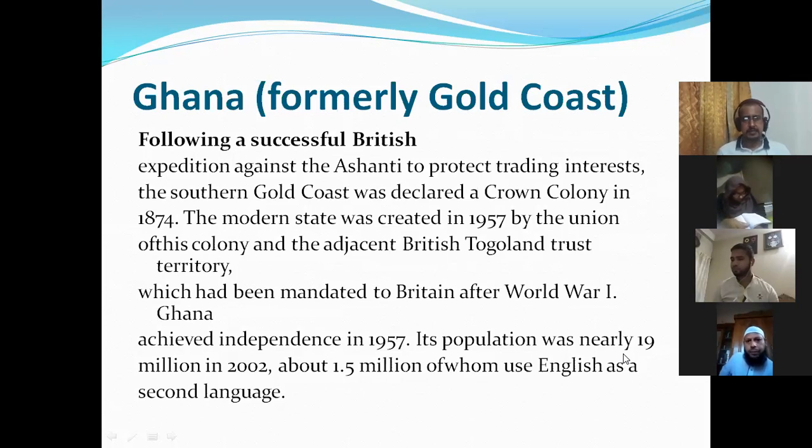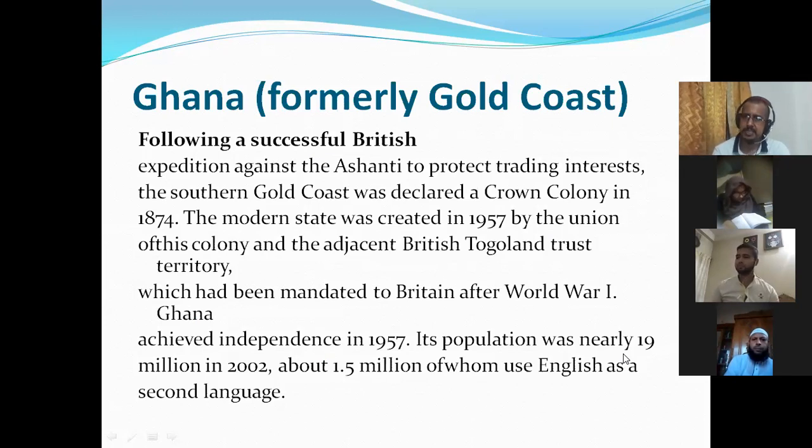The modern state was created in 1957 by the union of this colony and the adjacent British Togoland Trust Territory, which had been mandated to Britain after World War I. Ghana achieved independence in 1957. Its population was nearly 19 million in 2002, and about 1.5 million of whom use English as their second language.